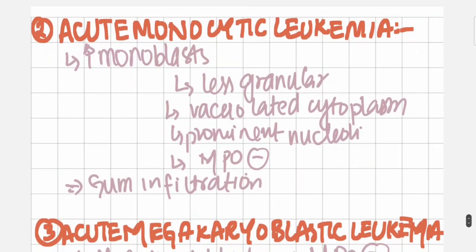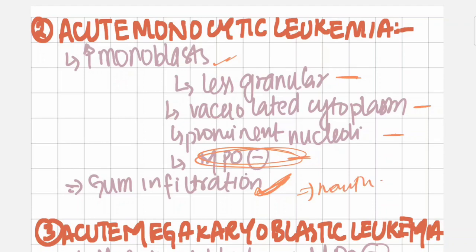For acute monocytic leukemia, we have increased monoblasts. Now, monoblasts are less granular, they have spiculated cytoplasm, and they have prominent nucleoli, and they are negative for MPO. And it is important for gum infiltration, it has an association with the mouth.